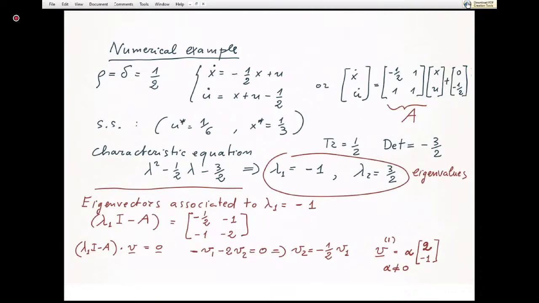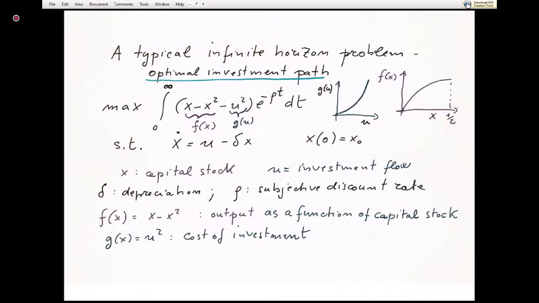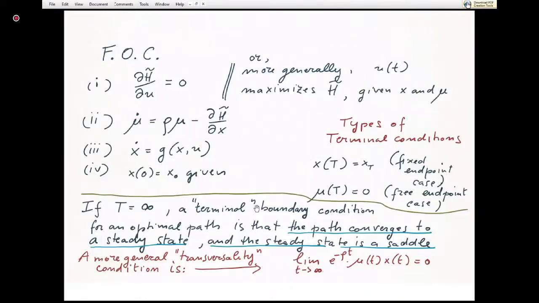But one could say, however, we already have the initial condition because x0 is given. x0 is given, but u0 is not given. So we have to play with u0, the control variable. We have to select a value of the control variable, which together with the given initial value of the state variable, brings our initial point exactly on the saddle path.